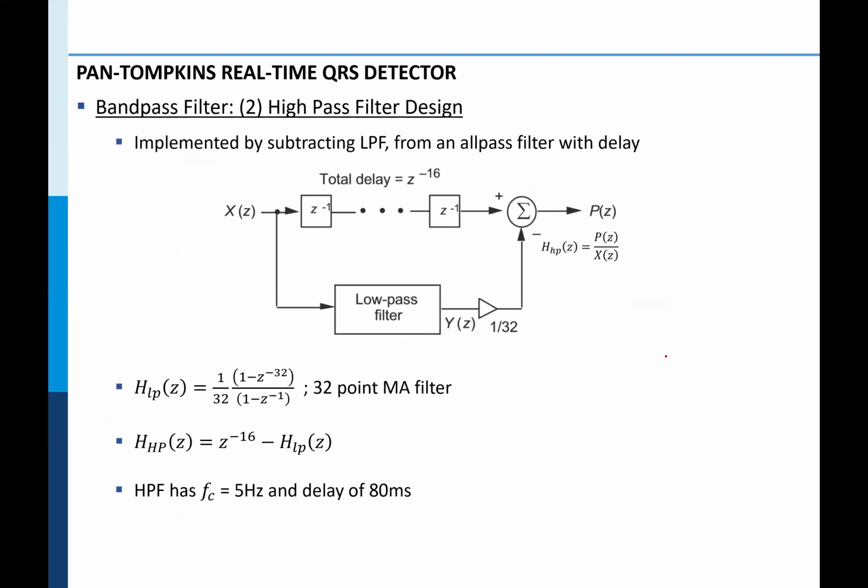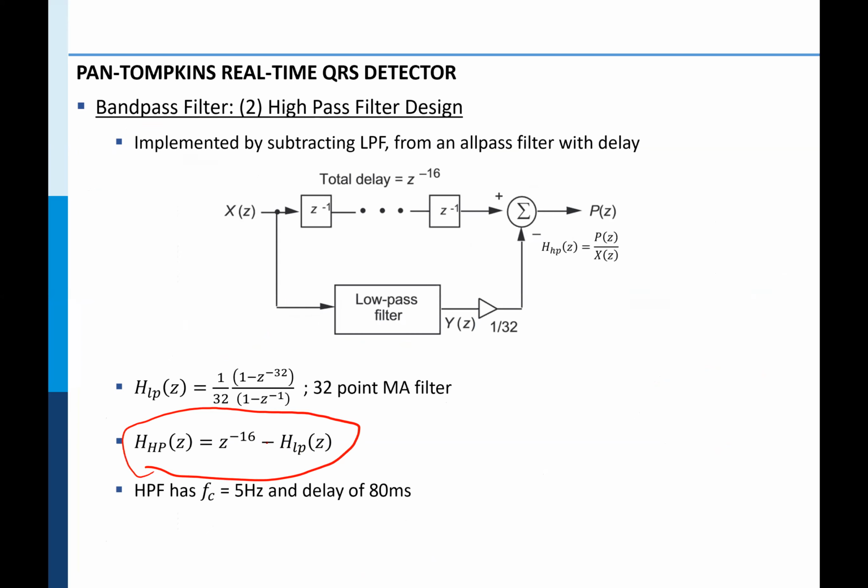Now, in terms of the high-pass filter design, we have also gone through the process to ensure the high-pass filter design also has integer coefficients. So it happens that the high-pass filter's transfer function is given by this notation here, which is z power minus 16 minus the transfer function of the low-pass filter.